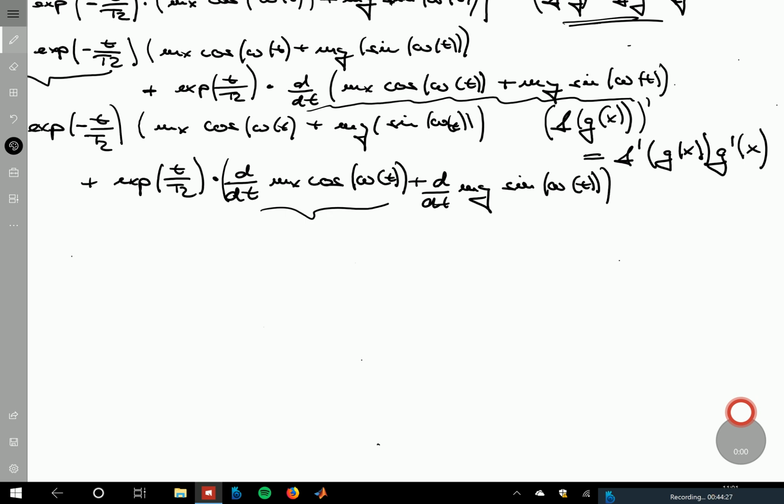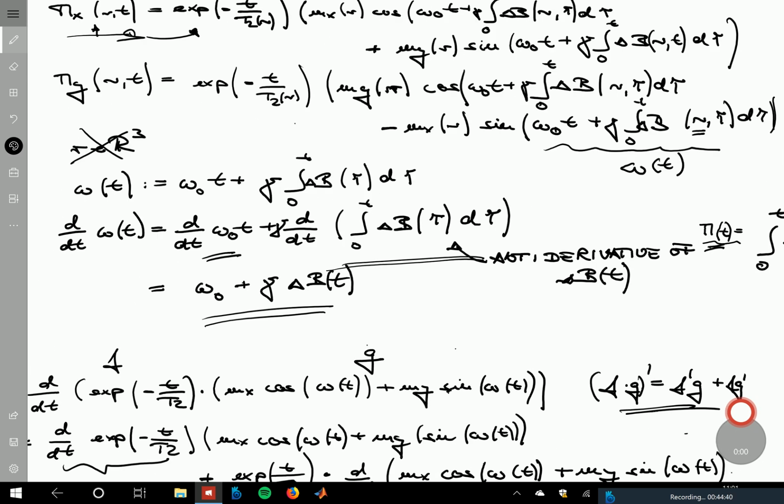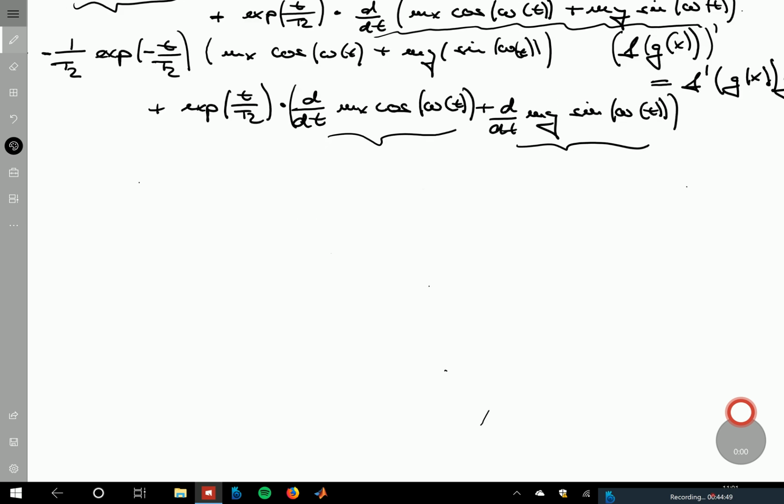Because of the linearity of differentiation, we have to compute the derivative of this and the derivative here, but they are fairly similar. Now you have the cosine of omega t, and omega t is a function that we already defined here, and we already computed its derivative. So again, you have a function inside a function, which means you need to apply the chain rule. You need to compute the derivative of the outer function.